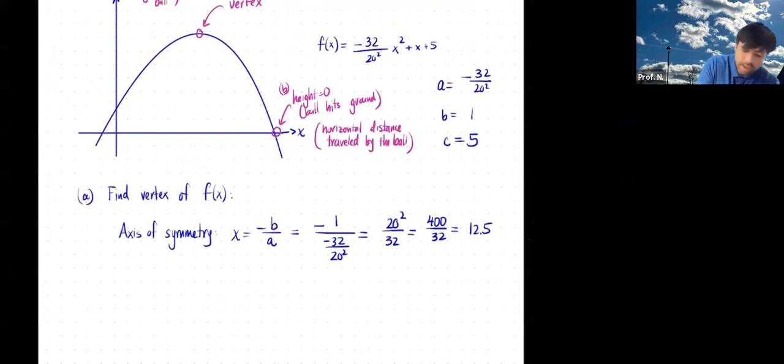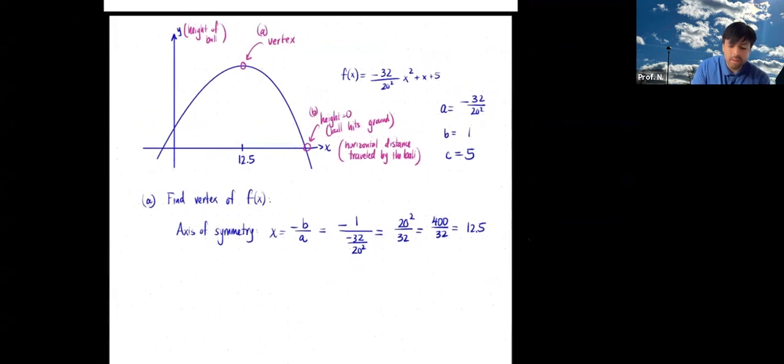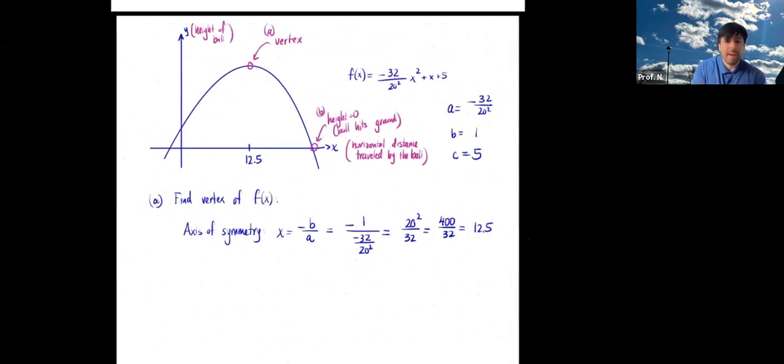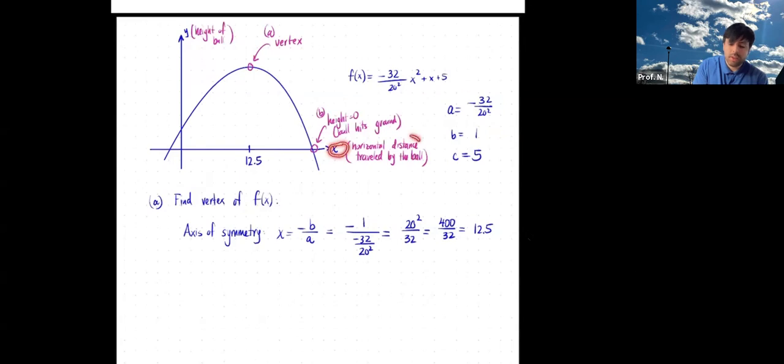So my axis of symmetry happens to be right here. But does that give me the maximum height? It doesn't. Remember the x value, what does the x value indicate? It tells me the horizontal distance traveled by the ball.